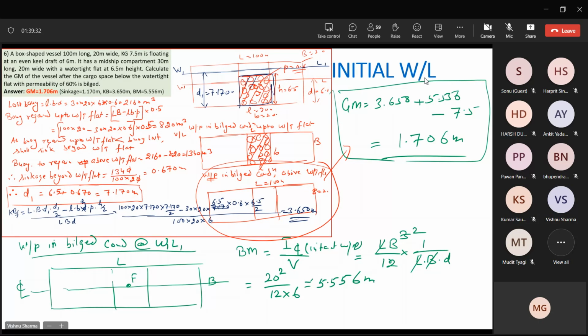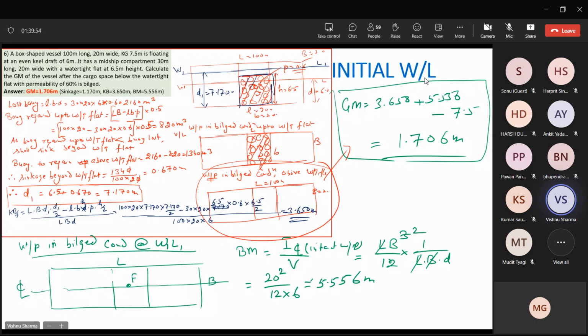So the way the exercises have been framed and the way it is taught, if you see, I have not used the word bilging anywhere in the title. I kept the compartment midships, but I did not say we are doing bilging of midship compartment today.